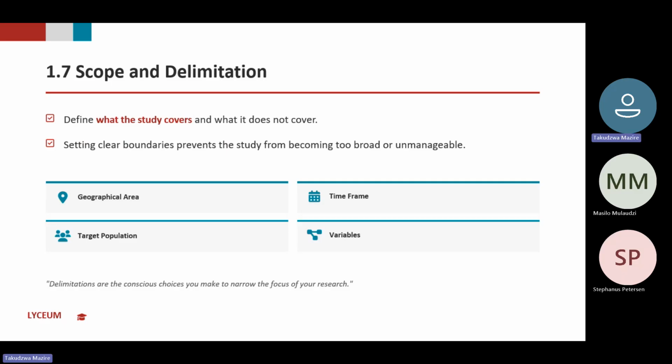This includes aspects like geographical area, jurisdiction, time frame of your research, the targeted population, and other specific variables. Delimitations are your conscious choices to narrow the focus, preventing your study from becoming too broad and unmanageable. It's about setting realistic expectations from your work.